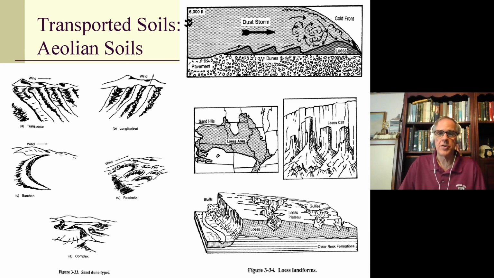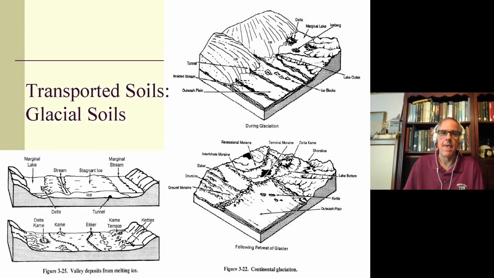Because of that ability to do vertical cuts, it can also produce some very rugged looking stratigraphies, even in areas where you wouldn't expect a lot of elevation change. Glacial soils.